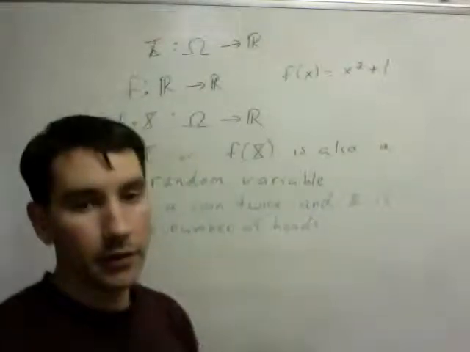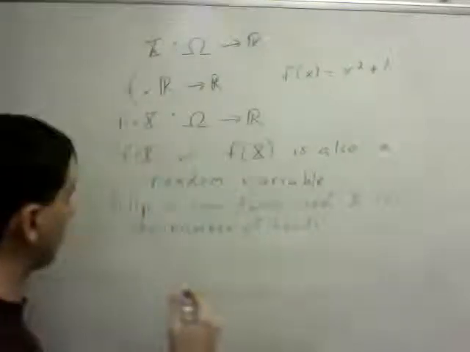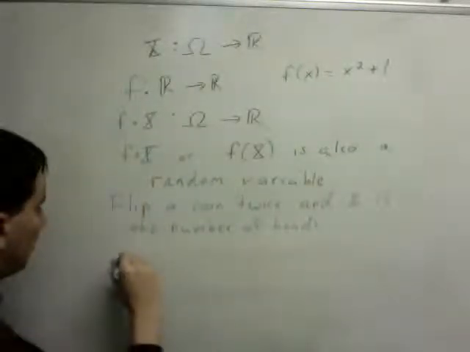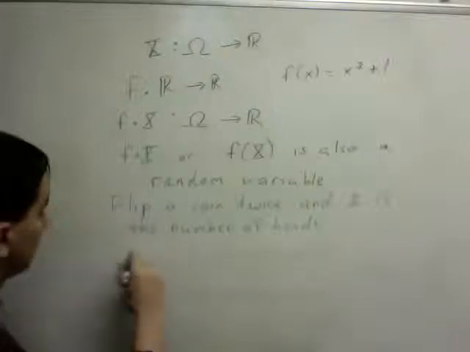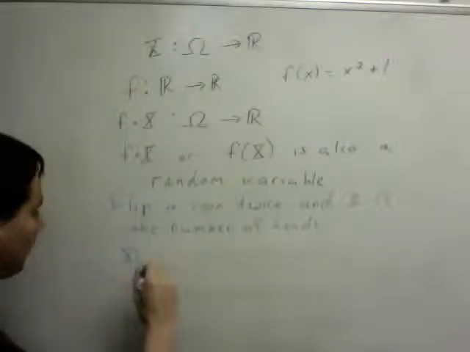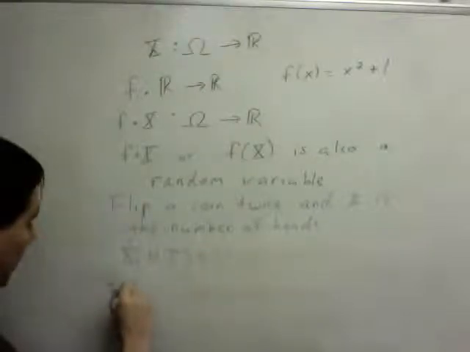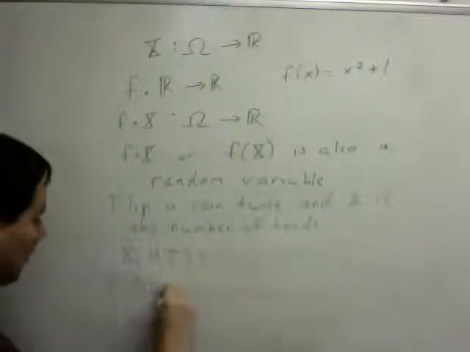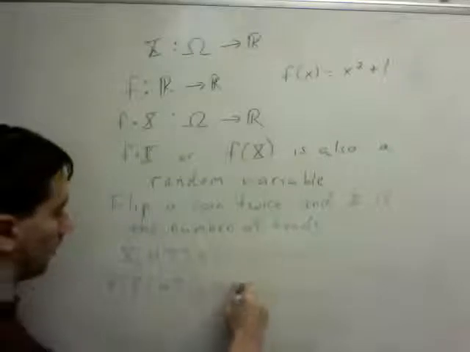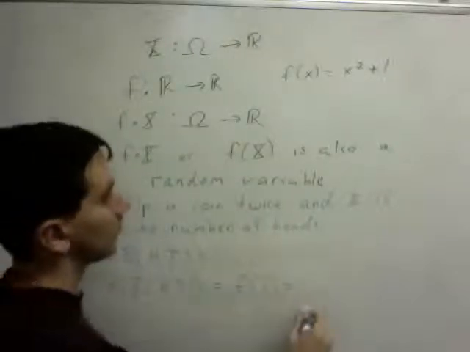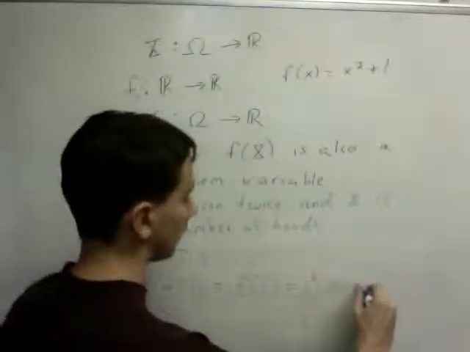Okay, so now we can compute f of x. So remember that x of heads tails would equal 1, but f of x of heads tails would be f of 1, which is 1 squared plus 1, which equals 2.